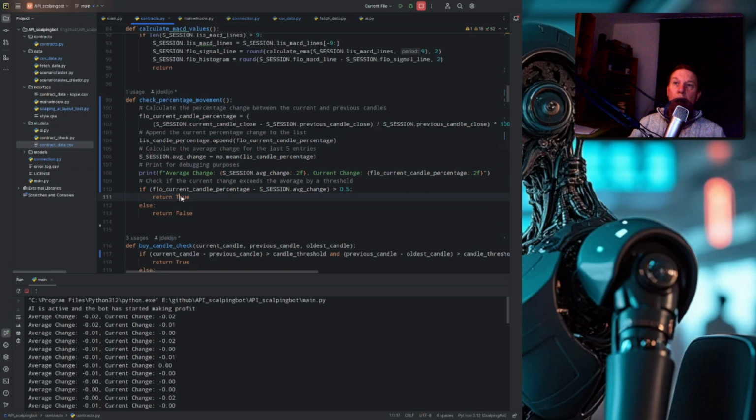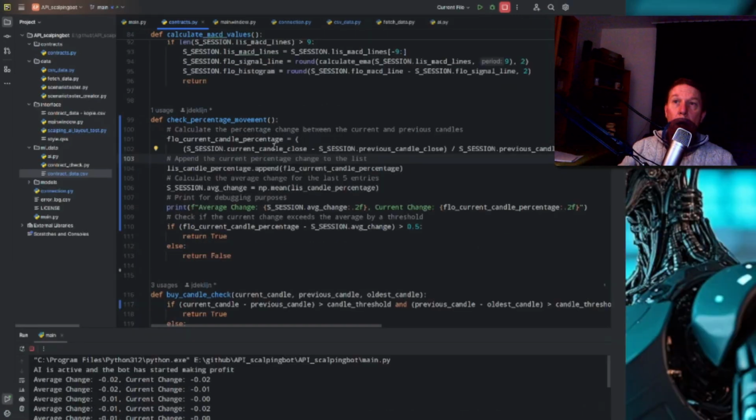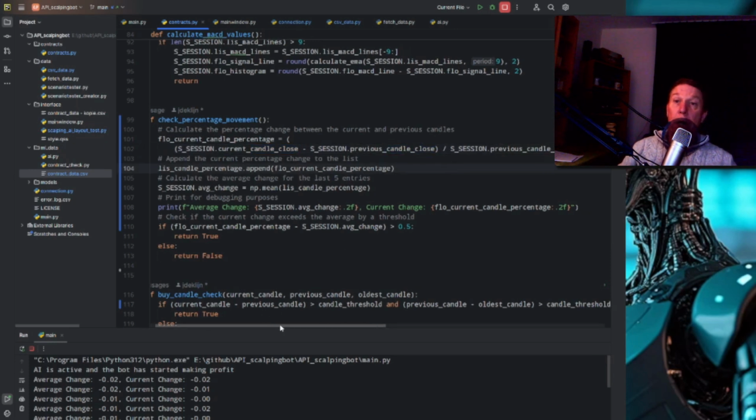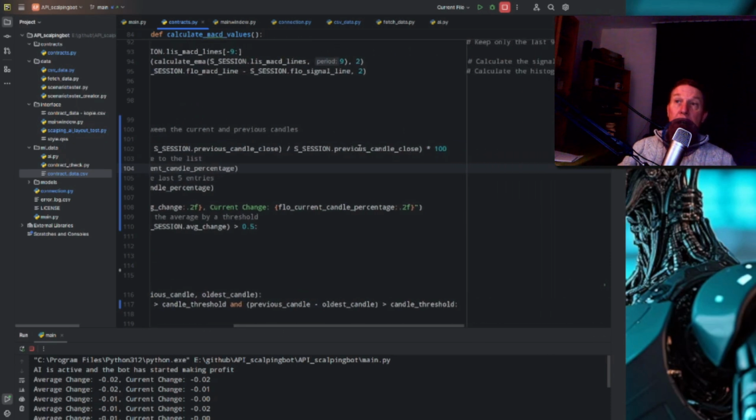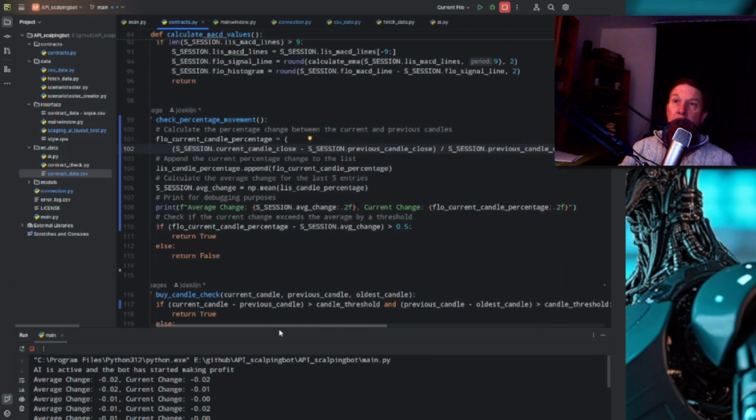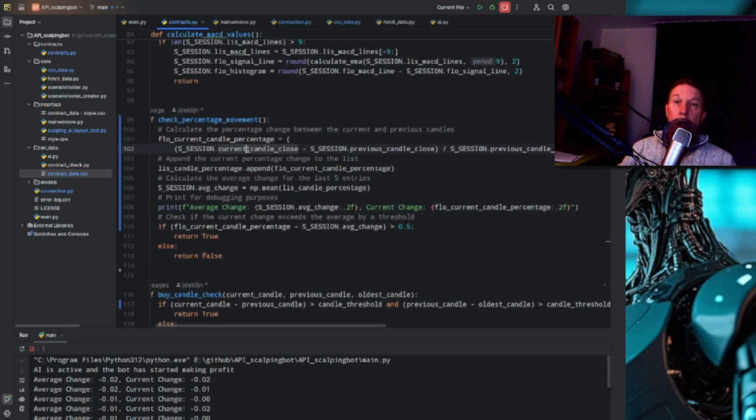And what I've done now is that I'm going to check the current candle closing price, minus the previous candle closing price, and then divided by the previous candle closing, and then times 100. In other words, calculating the percentage change between the current candle and the previous candle.